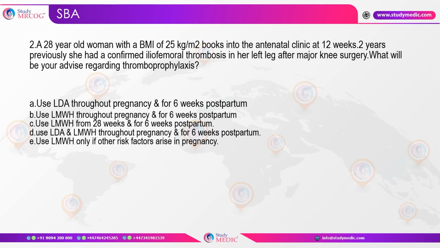And we know that if the score is 3 in pregnancy, she will be put on a thromboprophylactic dose from 28 weeks of pregnancy and for 6 weeks postpartum. So the answer here is C. It will either be 6 weeks or 10 days postpartum, depending on her score in the postpartum period.